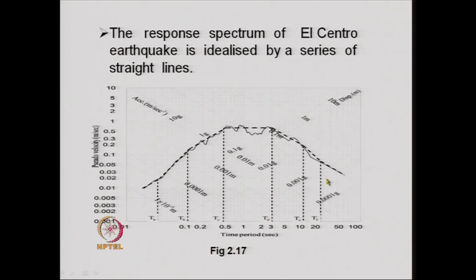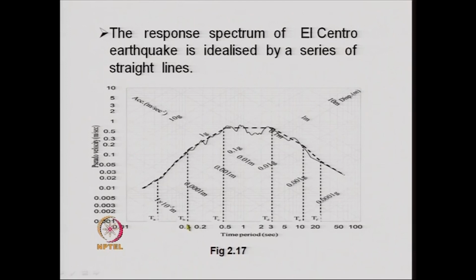To understand that trend, let us look at the different segments. For example, this is a segment designated by time period TA, that is, below this time period TA we have a segment. Then we define another time period TB. Between TA and TB we have another segment.